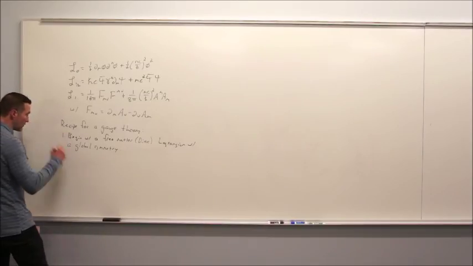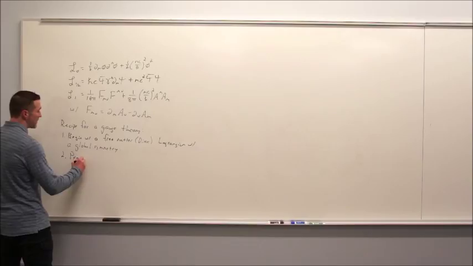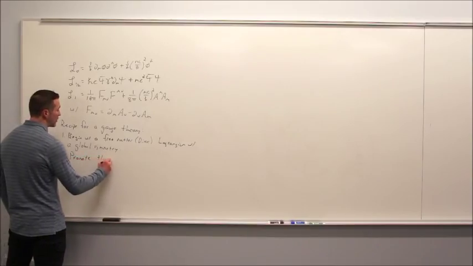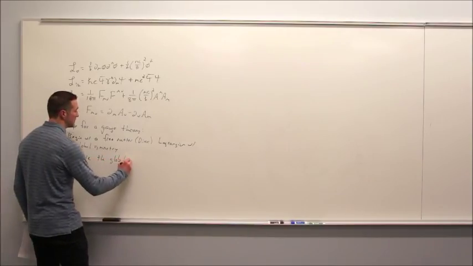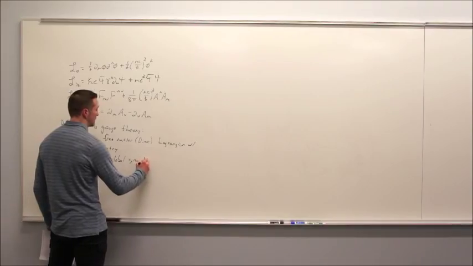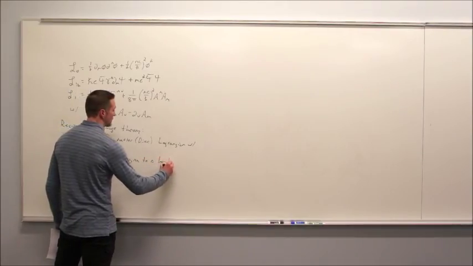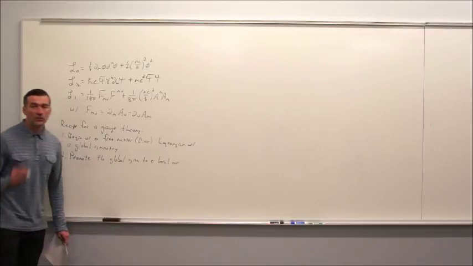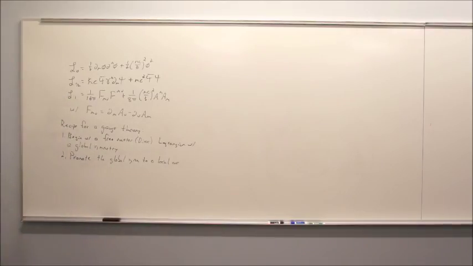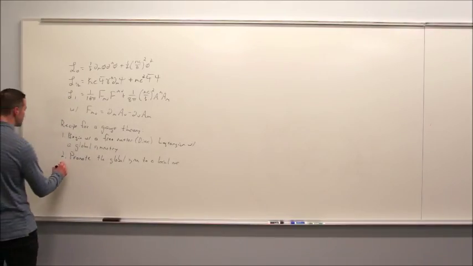And then what we're going to do in the next step is we're going to promote the global symmetry to a local one. Okay, and those words might not mean very much to you right now, but we'll see exactly what that means in the course of the example.